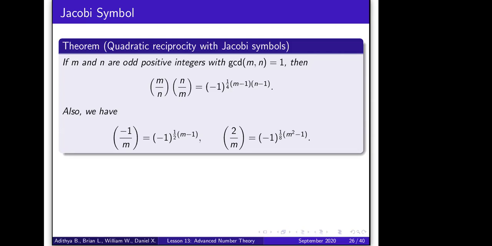And also -1 over m is -1 to the 1/2 times m minus 1. And 2 over m is -1 to the 1/8 times m squared minus 1. Yeah, I can go back one slide.